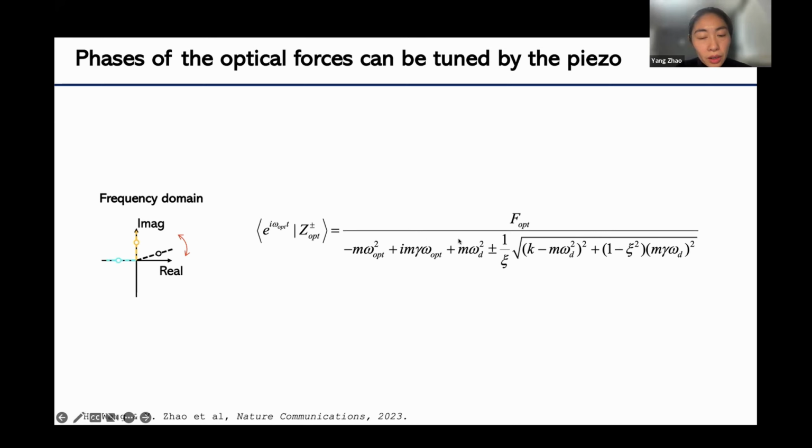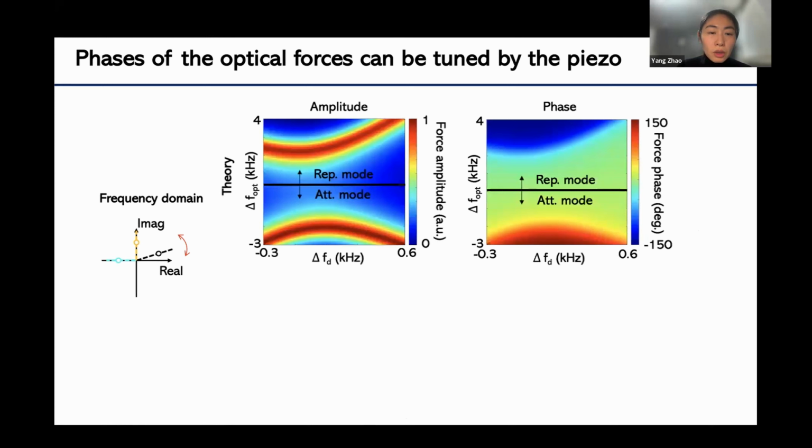With that as a guideline, we found we can create this kind of mode during our force measurement. So in theory, this mode exists, where the color map on the left is the amplitude and the color map on the right is the phase of the force. On the x-axis is how far the dithering frequency is from the resonance frequency of the cantilever.